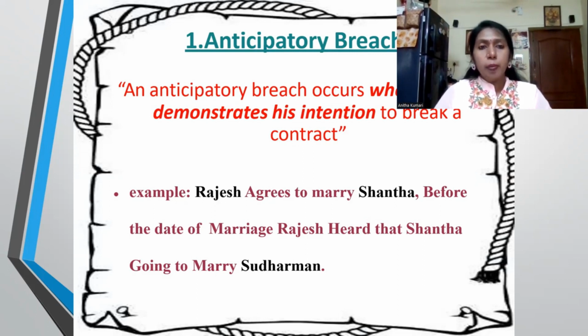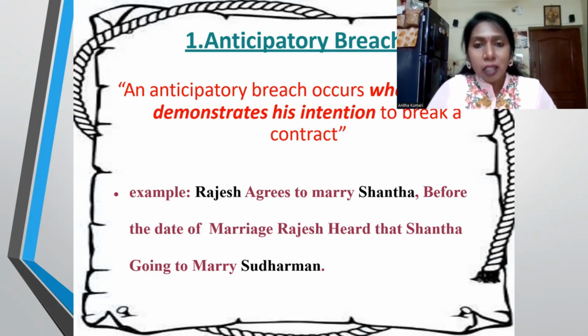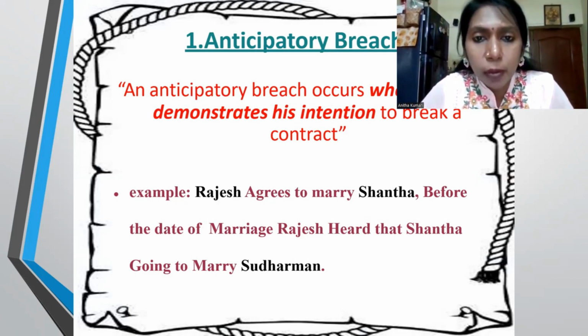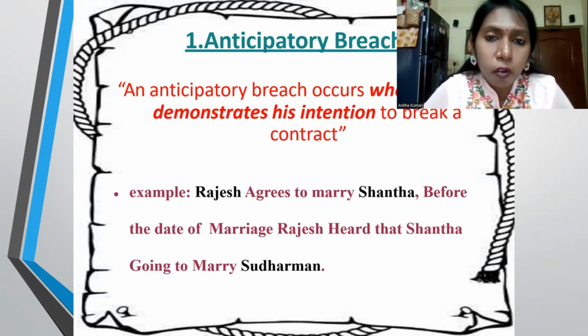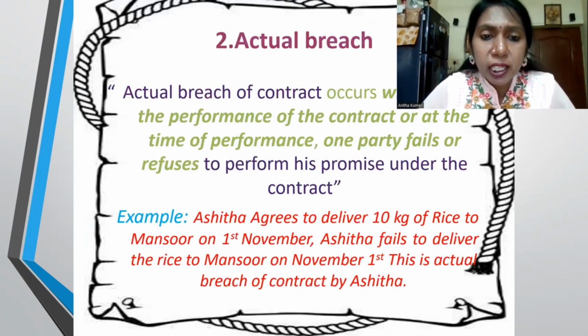When a party shows his intention to the other party that he does not want to perform the contract, that is called anticipatory. When there are two persons in a contract, and any one party shows his intention not to perform the contract, that is called anticipatory. Actual, in the sense, is where based on their performance, you come to the conclusion that he or she is not willing to perform the contract.